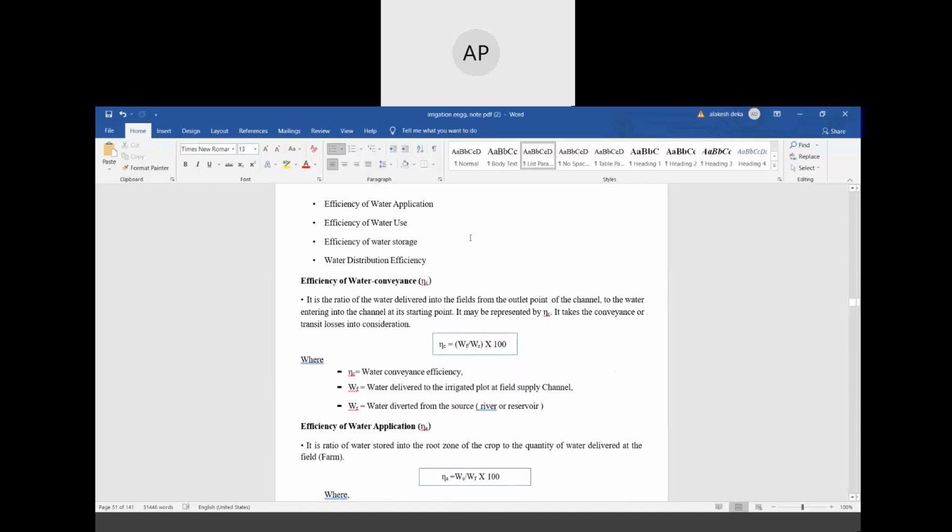Efficiency of water storage, efficiency of water use, efficiency of water distribution.